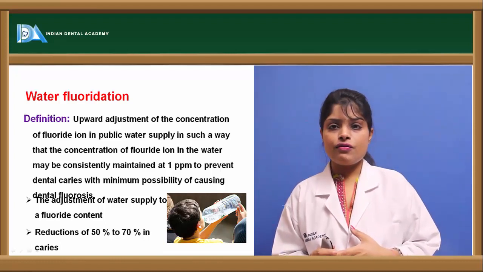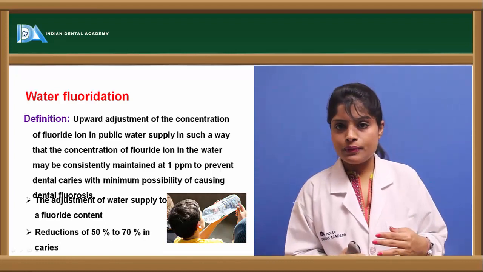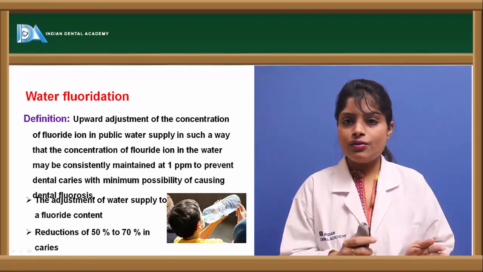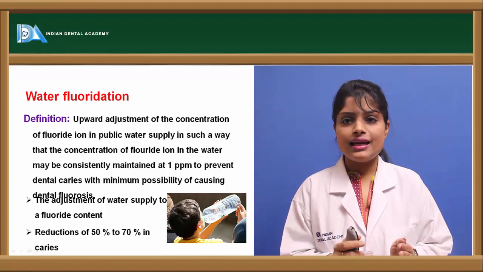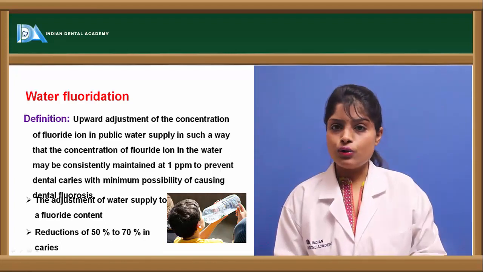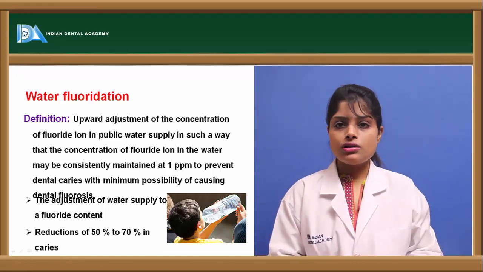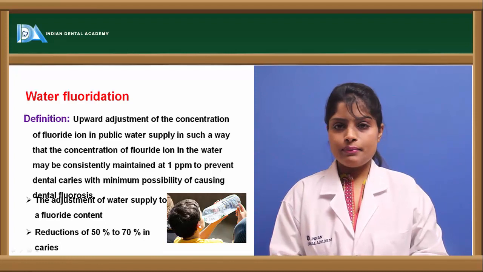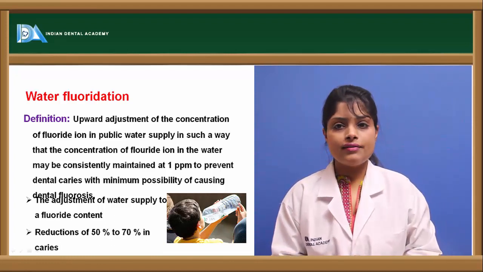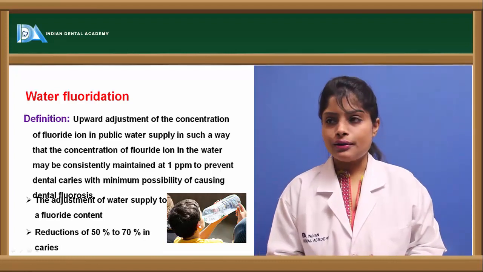And if the level of fluoride is about 1 ppm, it will show a marked tendency of decreased incidence of dental caries in those patients. So this is how he came to the conclusion that fluoride levels in water up to 1 ppm can reduce the caries incidence in a particular area, among the people who are consuming that water.